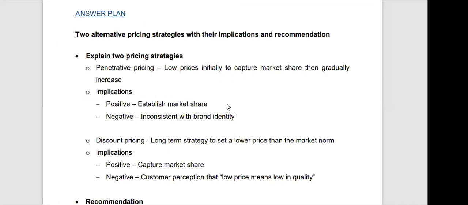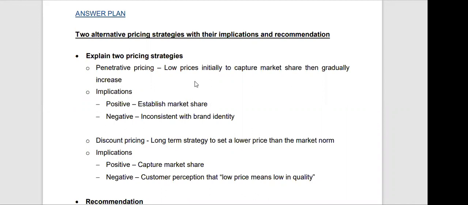Then we are in a position to easily establish our product in the market. The negative implication is it's inconsistent with our brand identity, because we are known as a high quality tea manufacturer. As a high quality tea manufacturer, if we charge a low price, it goes against our brand identity. So that's what I've highlighted here.